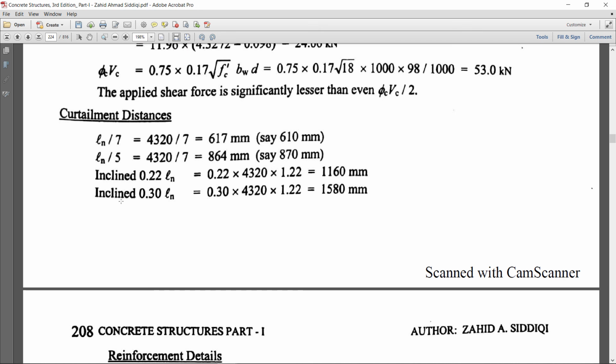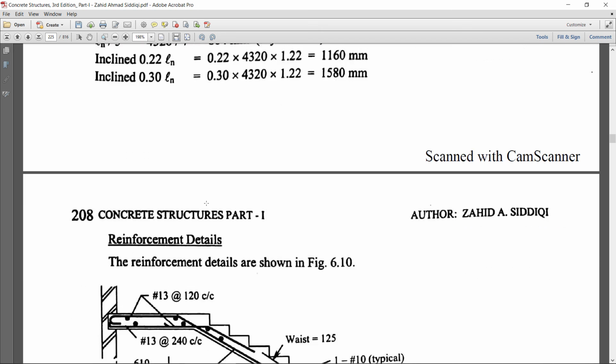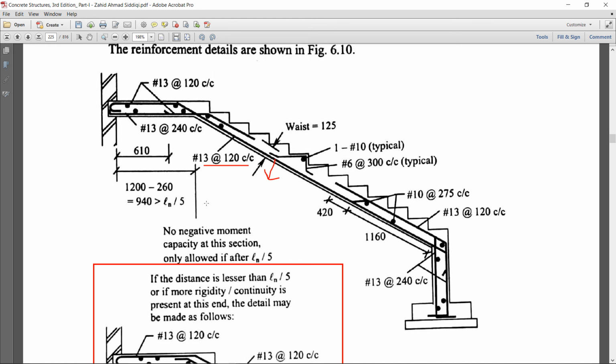So you can continue in the inclined region 0.3 ln on this side, and similarly on this side. Here this bar I have discussed, and this bar you can provide at 0.3 ln and 0.2 ln. Similarly here, this bar you can provide at 0.3 ln or 0.2 ln.